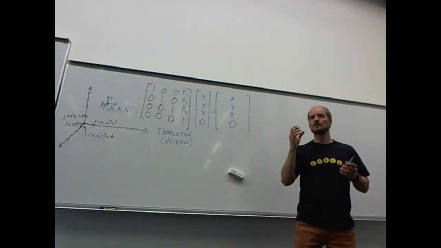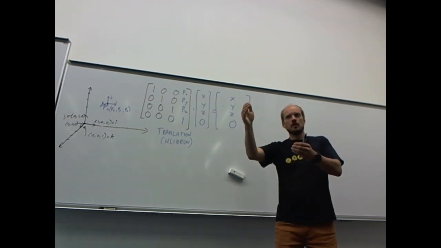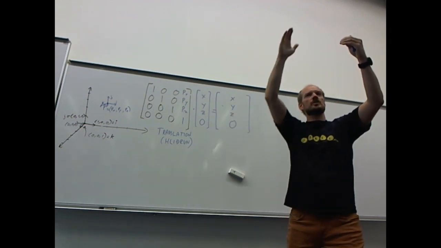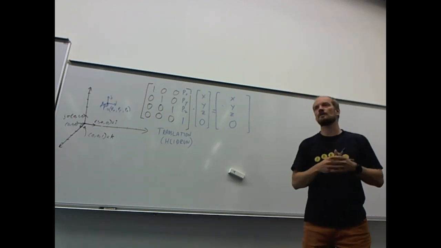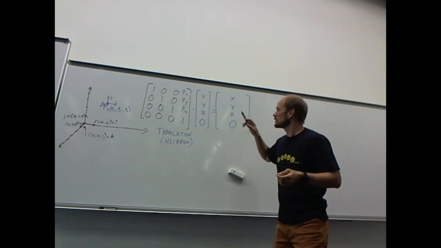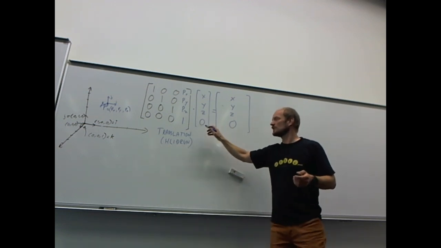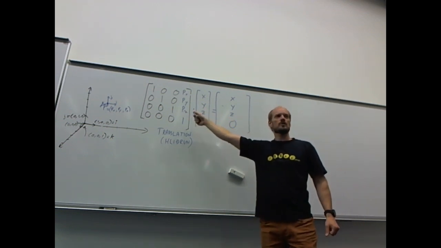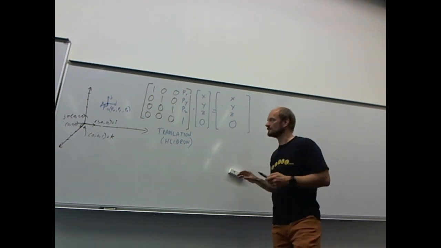If I take the same force and apply it here, did the size or orientation of the force change? No. A vector is just the size and orientation. A vector doesn't have a position. So suddenly this idea of a vector having a 0 here and a point having a 1 makes the calculations work out as well. That is, a point can be translated.